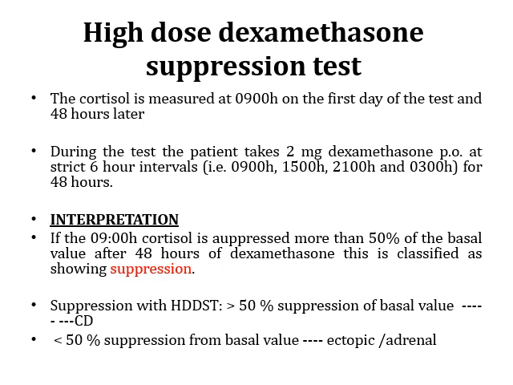If the cortisol level post-high dose administration is suppressed more than 50% as compared to the pre-test level, it is said to be a case of pituitary Cushing, while if it is suppressed less than 50% of the pre-test level, it is said to be either a case of adrenal or ectopic Cushing.